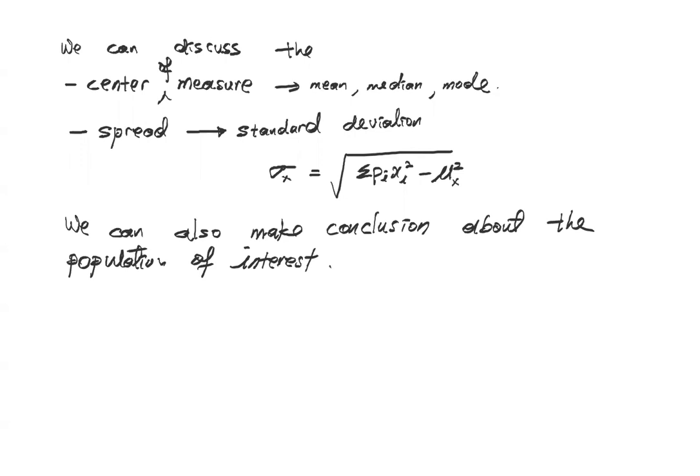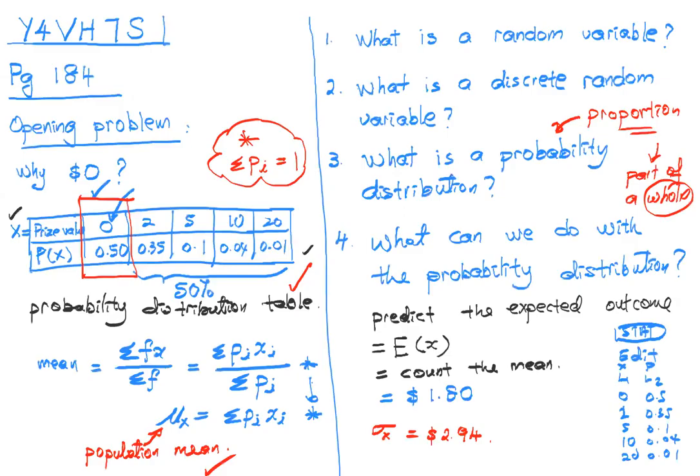Okay, so in this case, what is the population of interest? What do you want to conclude? If you look at part D, part C is talking about the mean. Part D is talking about what is a fair price for playing this game.